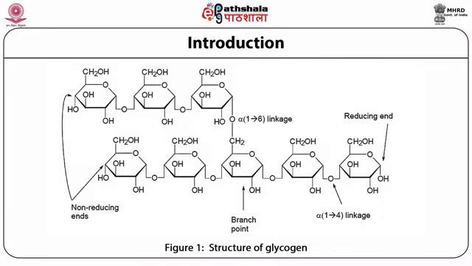Structure of glycogen. It is a branched polymer of glucose with alpha 1,4 glycosidic linkage that is indicated through straight lines, while the alpha 1,6 glycosidic bond is observed in the branching point at almost every 10 molecular units.